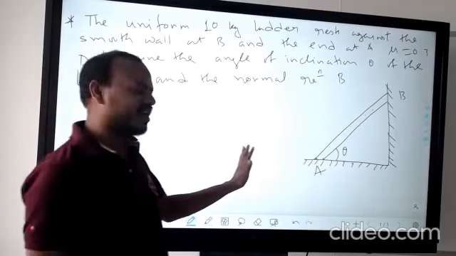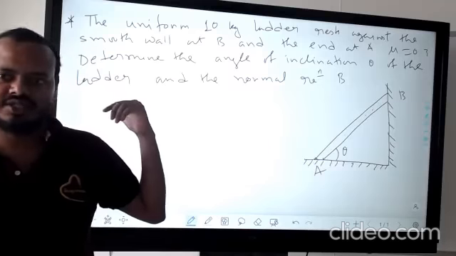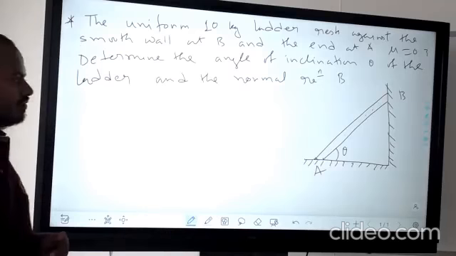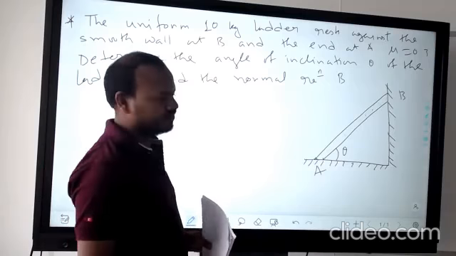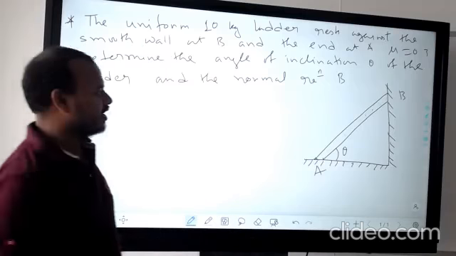If you succeed with the free body diagram, same concept as the earlier one. So this is like a ladder.